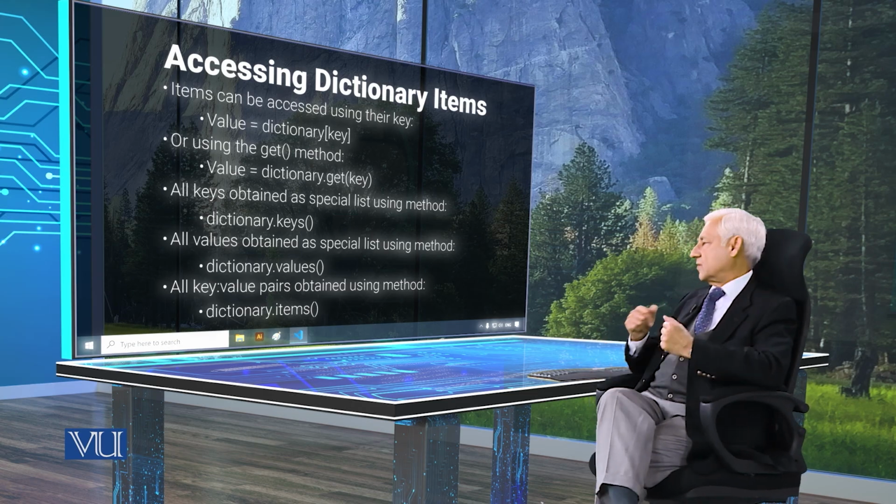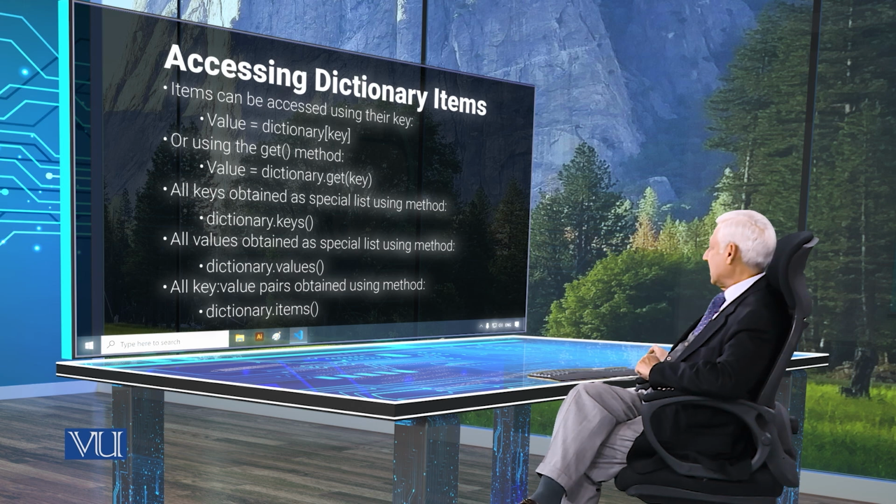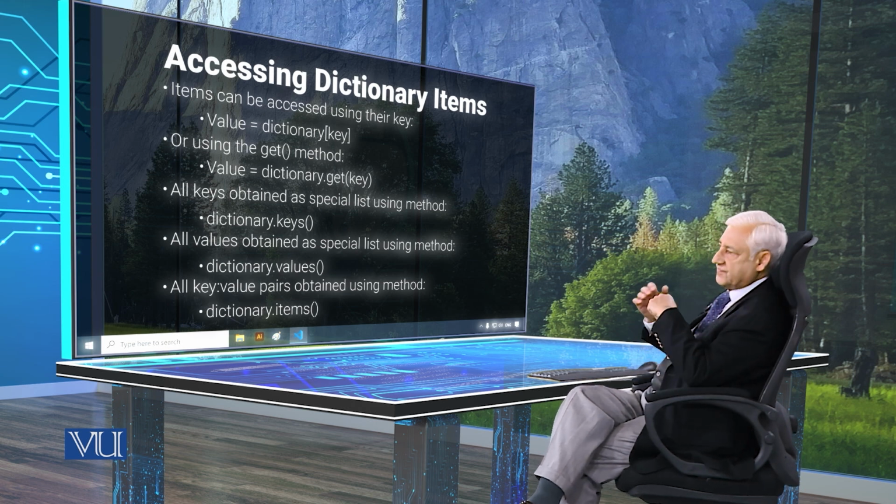Let's take a look at some code that tells us about that. Before we get to the code, we also have the get method that gets the value from the dictionary and returns it, which you can assign to a variable. Then there are three special methods associated with the dictionary. The first one is the keys method.